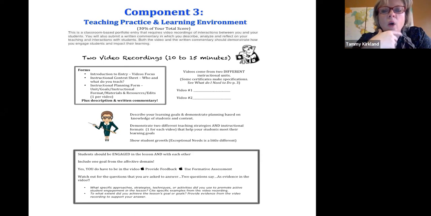But you see video 1 and 2, if you will open up your component 3 instructions to page 3 and read what do I need to do, it would tell you what the focus of your video should be. For example, I'm an MC generalist and I know EC generalist. We have to do 2 videos and we choose between the content areas of math, science, or social studies.